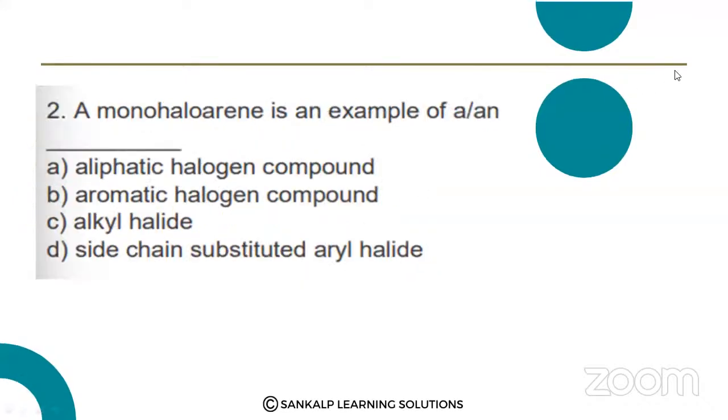Next, a monohaloarene is an example of: A, aliphatic halogen compound; B, aromatic halogen compound; C, alkyl halide; D, side chain substituted aryl halide.